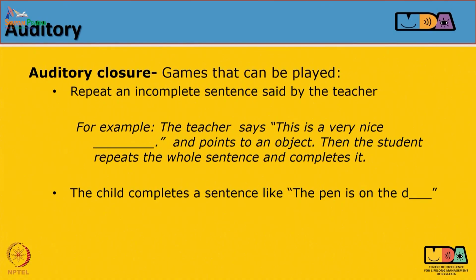A game that we can play for this is when we say an incomplete sentence to the child. For example, the teacher says, "This is a very nice," and he points to an object that is lying on top of his notebook. The child must be able to repeat the whole sentence and complete it by saying, "This is a very nice pen."